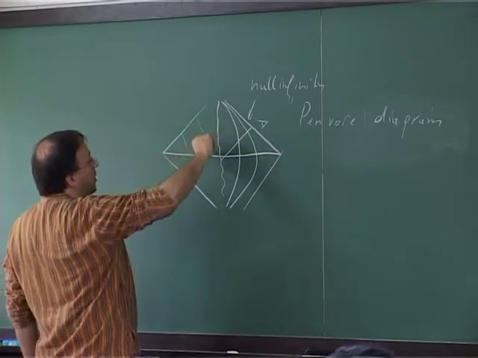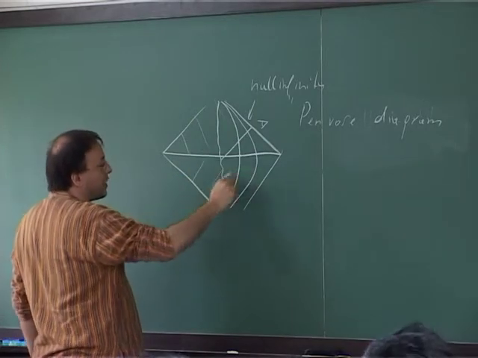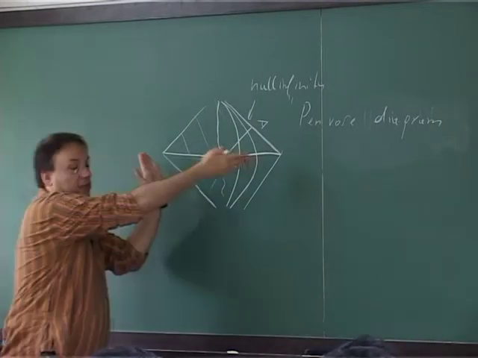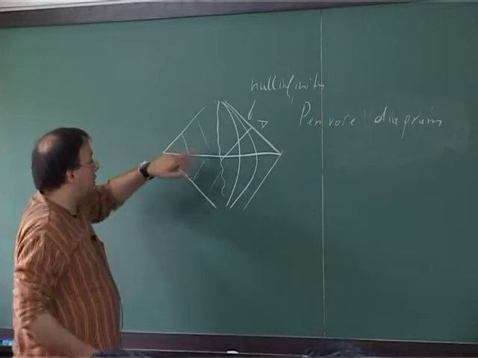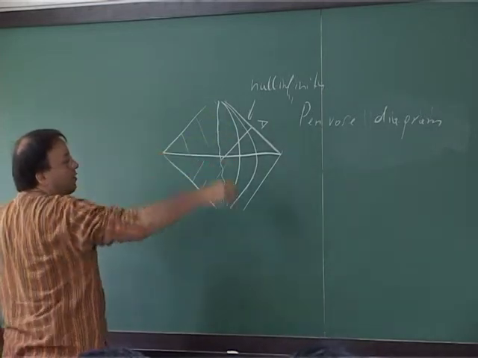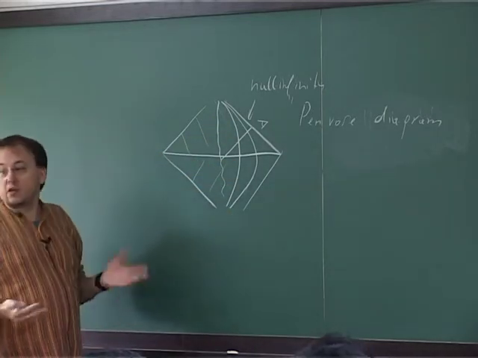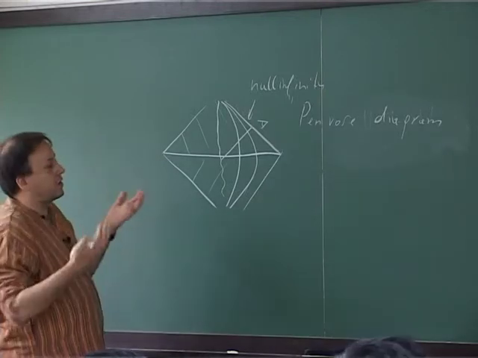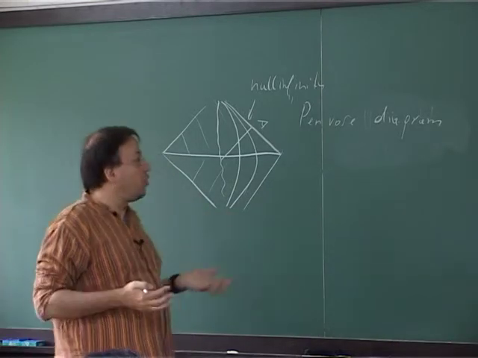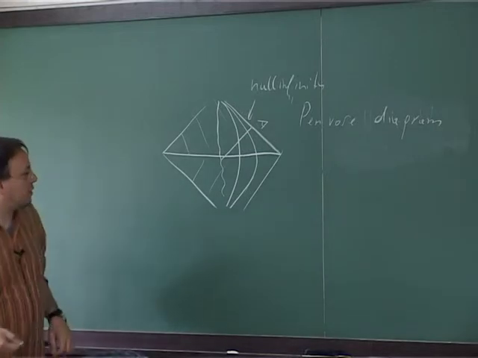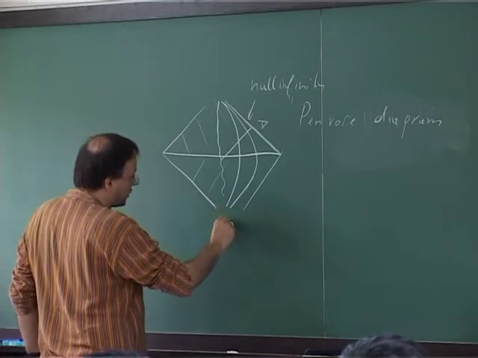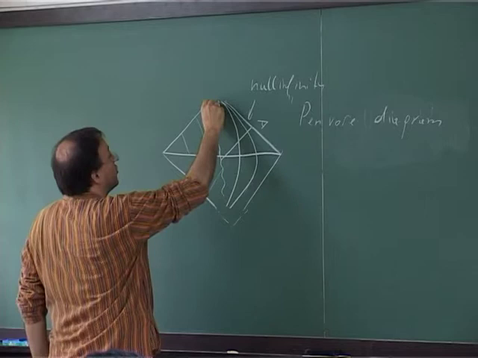Well, this is the future domain of dependence. This is the past domain of dependence, because it just goes with a light cone. So in this case, the whole manifold is the union of the future and past domain of dependence. So it's a typical example of a globally hyperbolic spacetime.